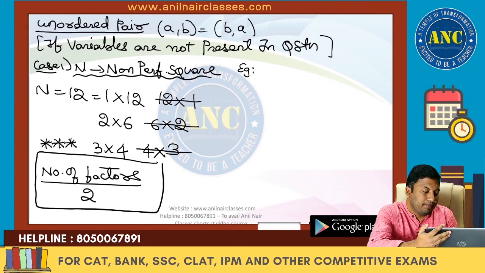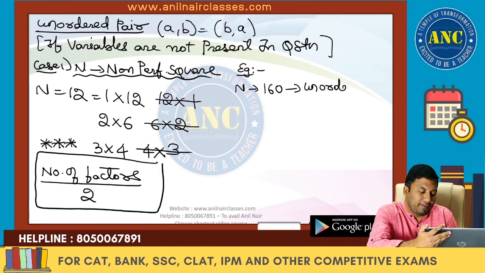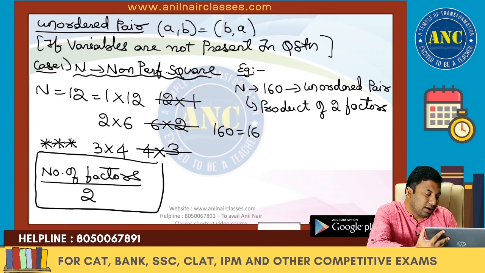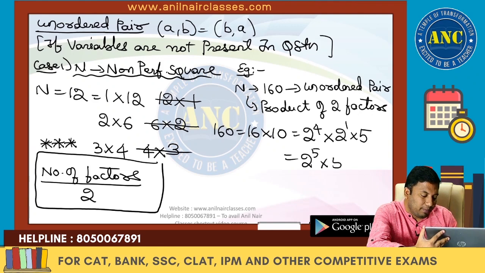For example, N is 160. How to write a number as a product of two factors in unordered pair? 160 is nothing but 16 into 10. 16 is 2 power 4. 10 is 2 into 5, so 160 is 2 power 5 into 5 power 1.